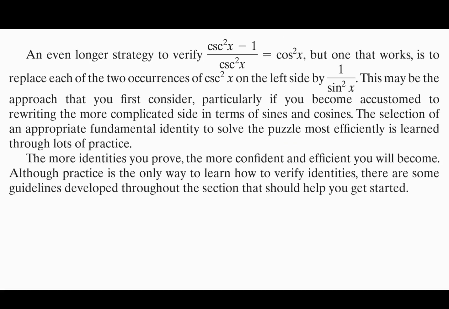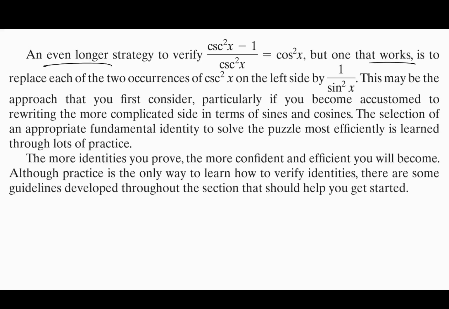Another way to do it is to change everything to sines and cosines. It works. However, it's much longer. Okay. So the idea here is to start to recognize some things that could happen, to try it out. If you don't get to where you're going, changing everything to sines and cosines is a good place to fall back to. Okay.